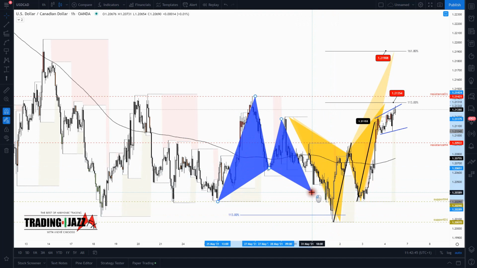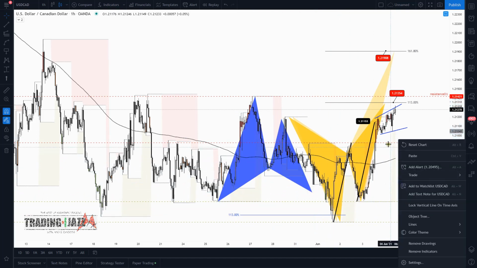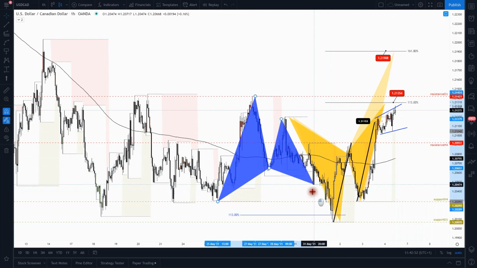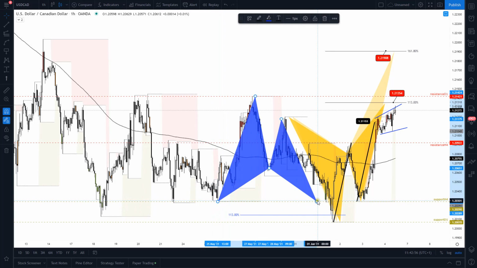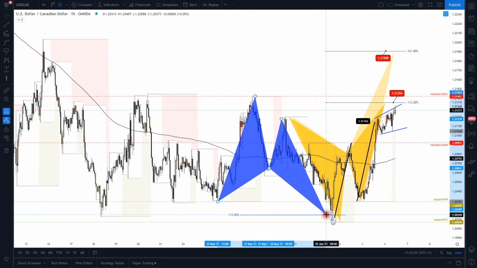Usually we search for the 88% Fibonacci retracement for a bounce. And if the market starts to trade below the previous lows, we can search for the 113% Fibonacci extension as a potential alternate bullish bat pattern in this case.